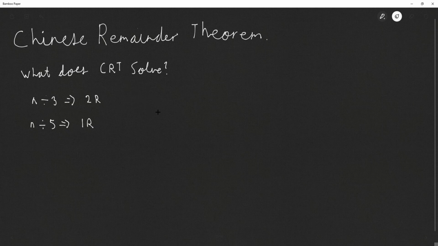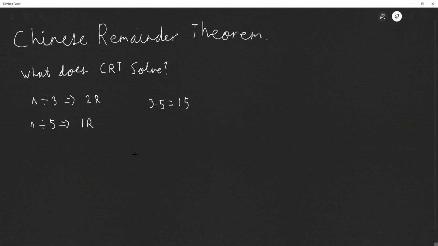The first way is by guess and check, or you could use the Chinese Remainder Theorem, which would guarantee that a solution exists, and that the solution is unique modulo the product of the moduli. In this case, it would be 3 times 5, which is 15.